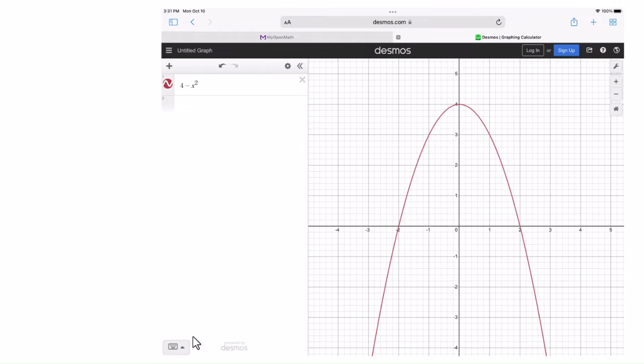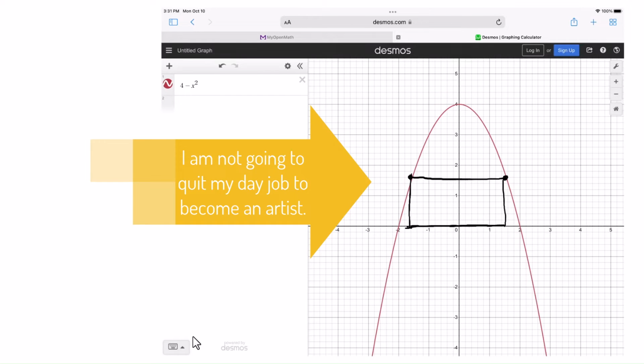And we've got this rectangle that has its base on the x-axis, and the upper corners touch the parabola. That's the image that we're going to be working with. And they want us to find the dimensions that will give us the greatest area.